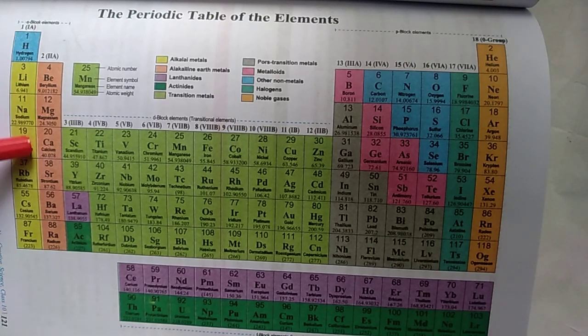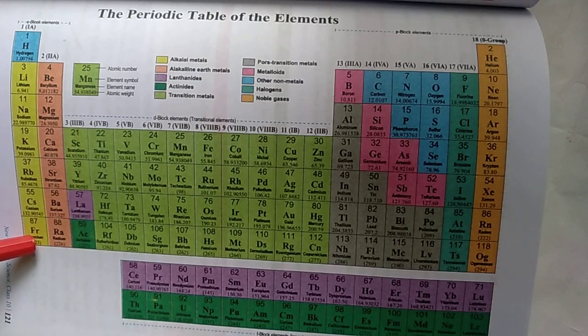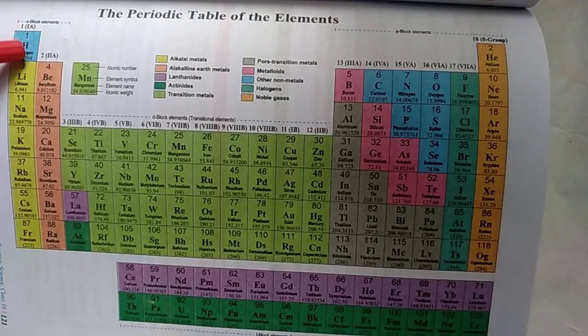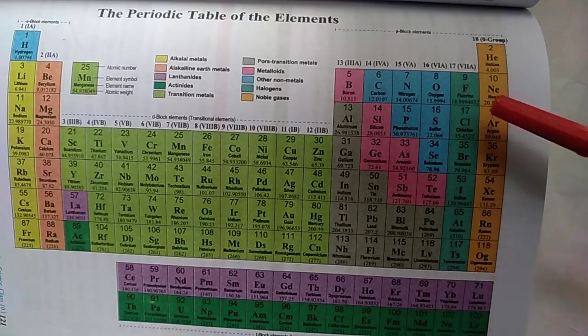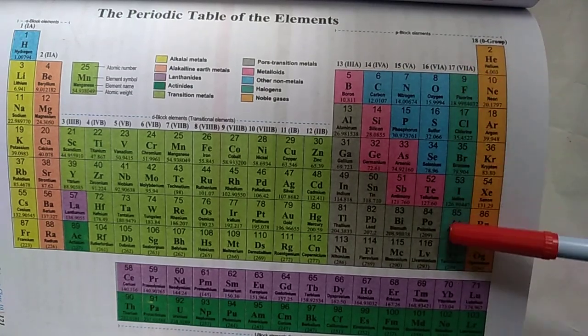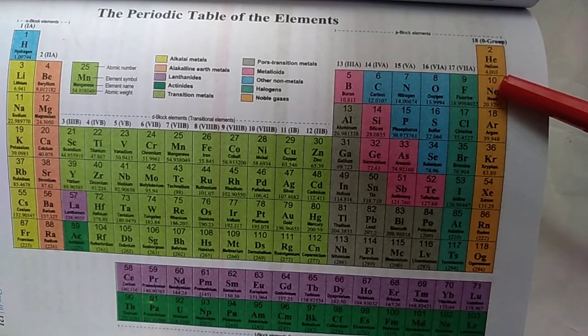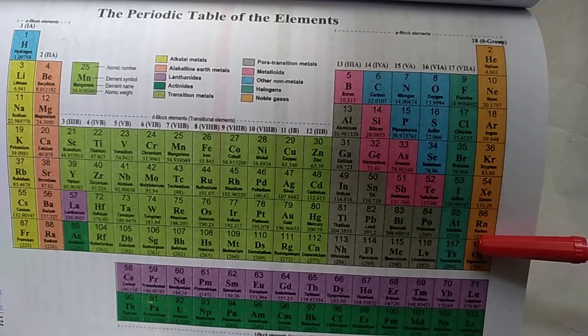Most reactive non-metals are 7A. And the non-reactive elements, the inert elements, are group 0 elements.